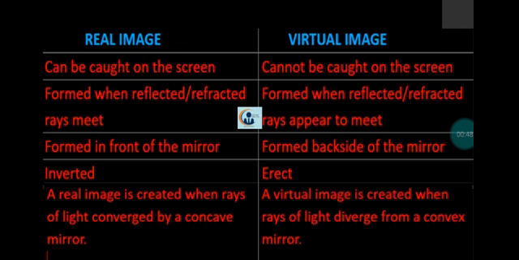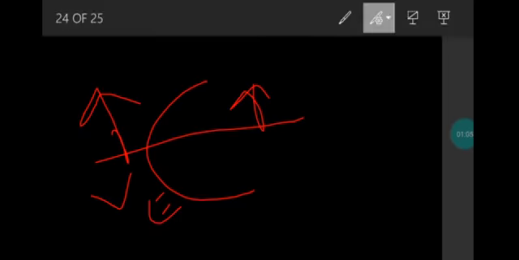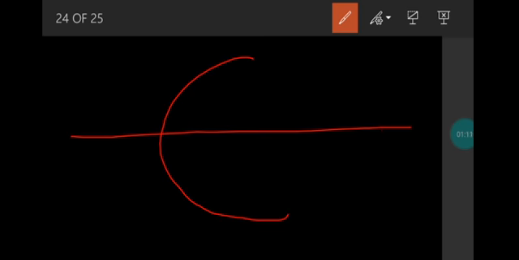As we have discussed already in the difference between concave and convex mirrors, an image is formed when two reflected or refracted rays meet. I'll show you the diagram. So this is a mirror, focus point, this is the pole, this is the object.